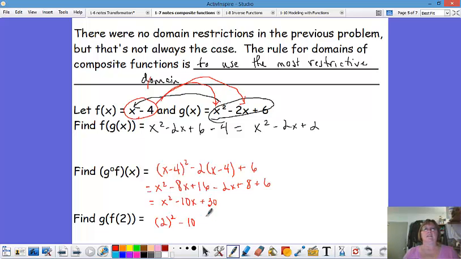Then do minus 10 times of it, so minus 10 times 2, and add 30. And if we work the arithmetic out, we're talking 4 minus 20 plus 30. I'm thinking 14 here, but you can check my math and see how I did.